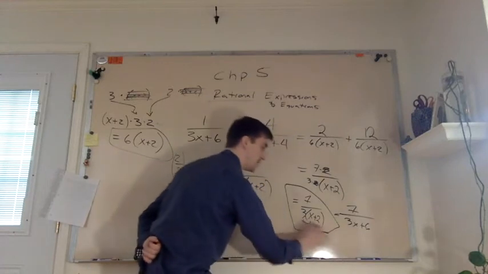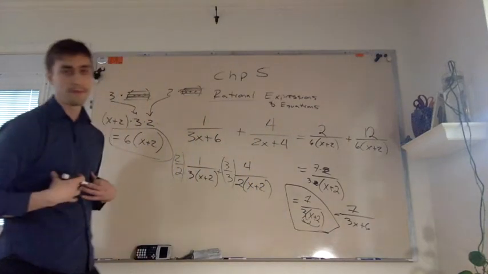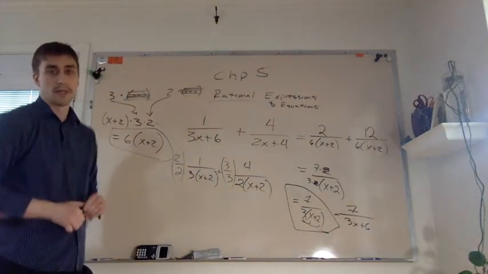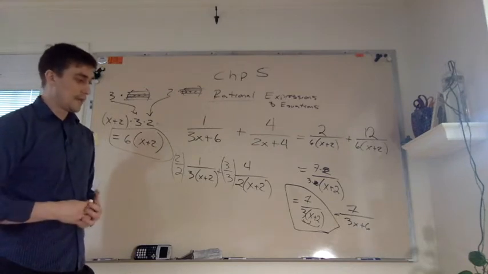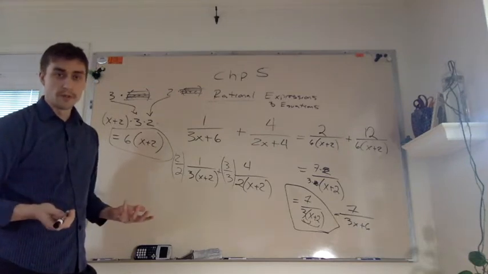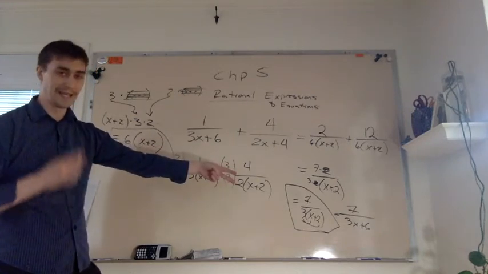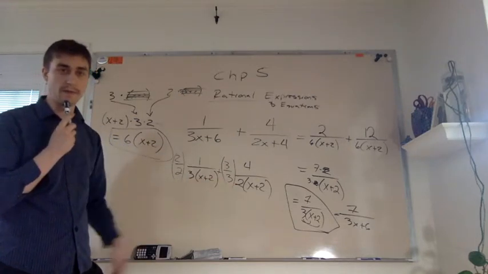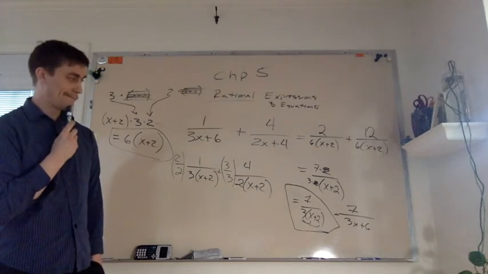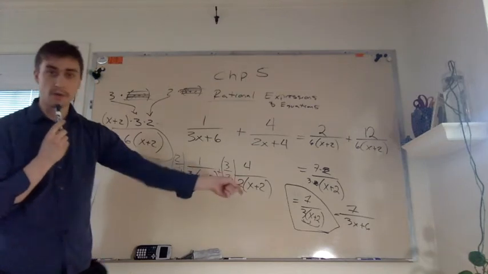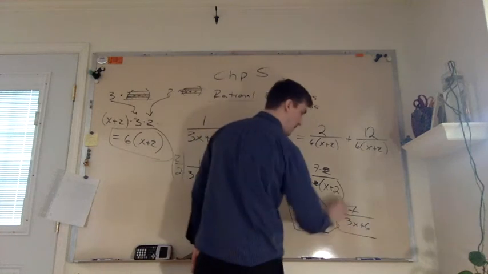You can distribute this 3 if you'd like. I prefer to keep it in the factored form. Like I was saying last time, I find it to be more useful. If I'm going to go forward and use this to do anything, I like to leave it in my factored form. So either one of those is correct. You could box either one of these.